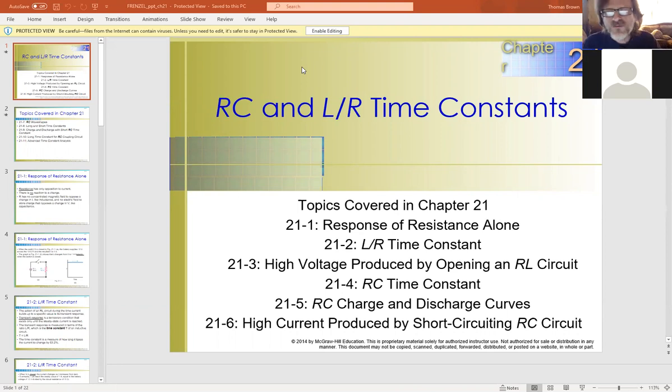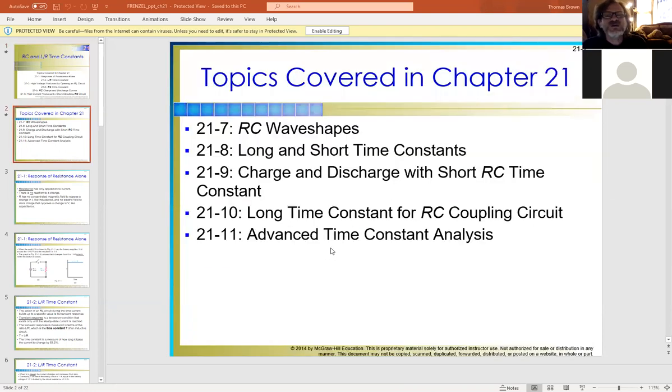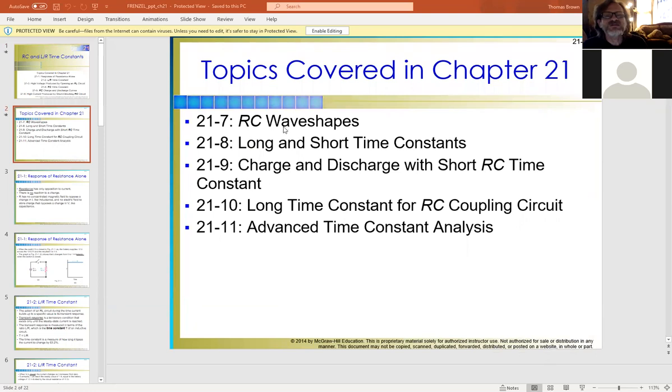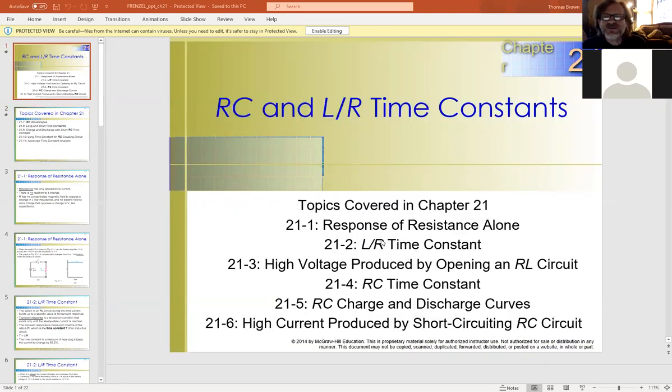So now we'll go up to right about here with the RC time constant and the charge and discharge curves, and then we'll continue the rest of it next week. We'll just take our time with this, because this is a lot of new stuff. Now we're going to be looking at overall responses.